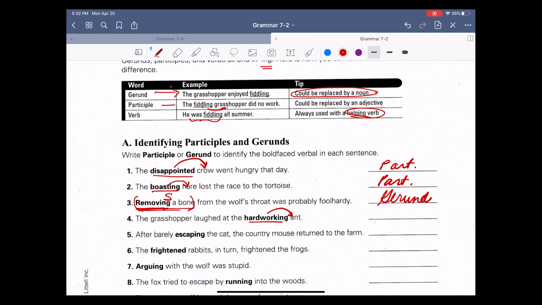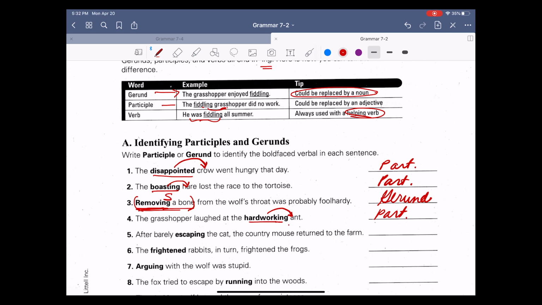Hardworking is telling us about ant, and so it's acting as an adjective. It ends in ing, so we know it's a present participle. So here, participle.